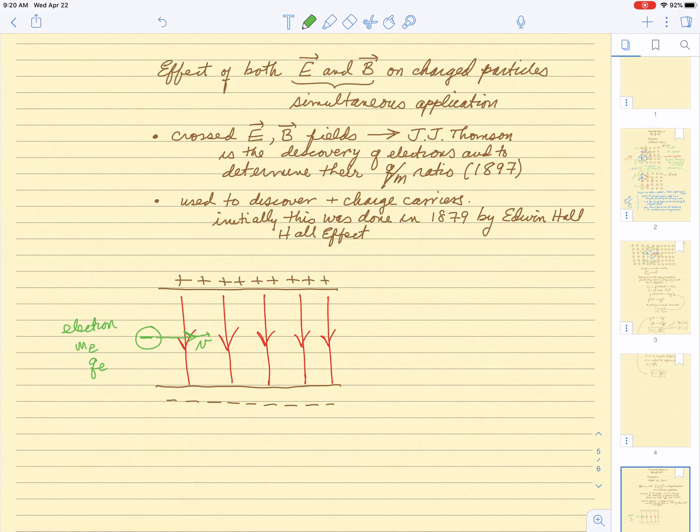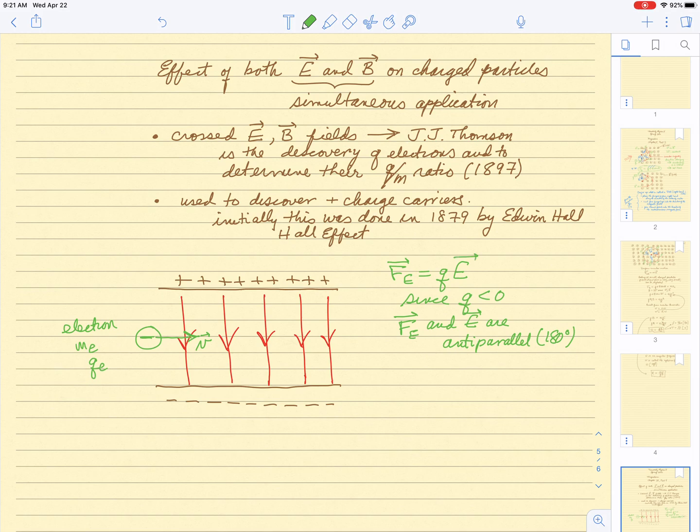Now, you know that the electric force is equal to q times E, and since q is negative, F of E and the electric field are anti-parallel, or they're 180 degrees with respect to one another.